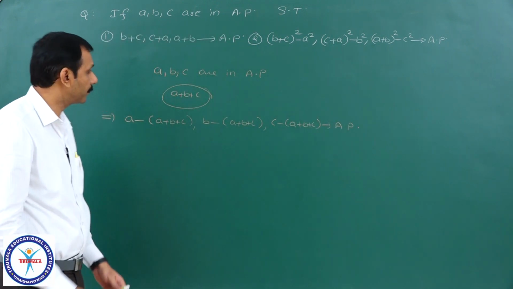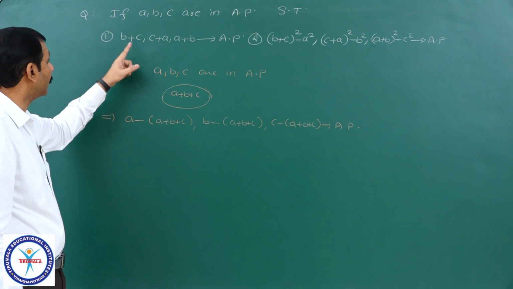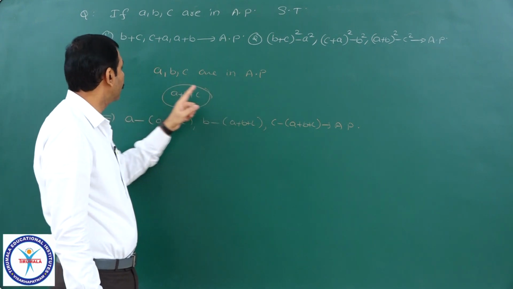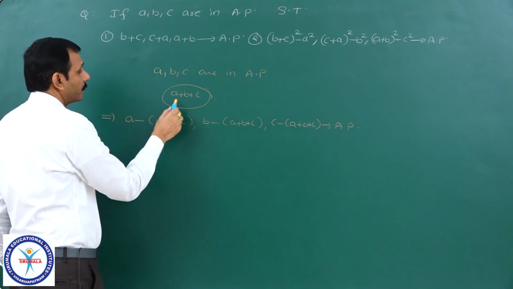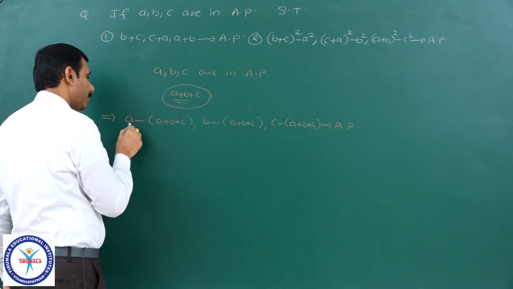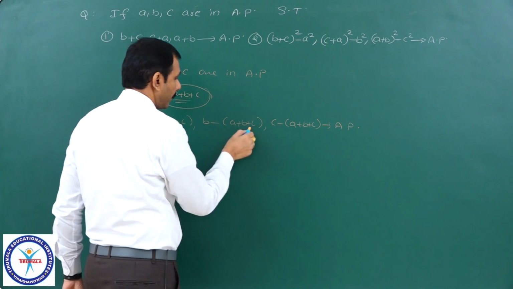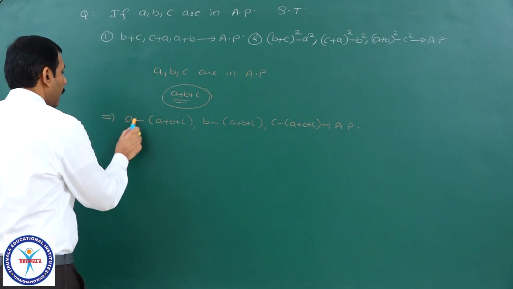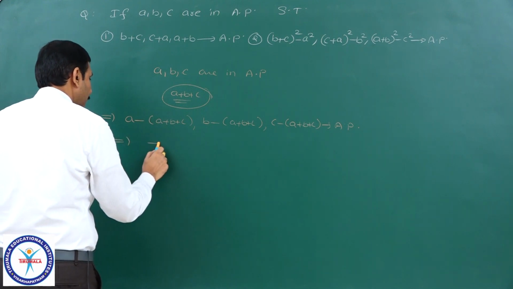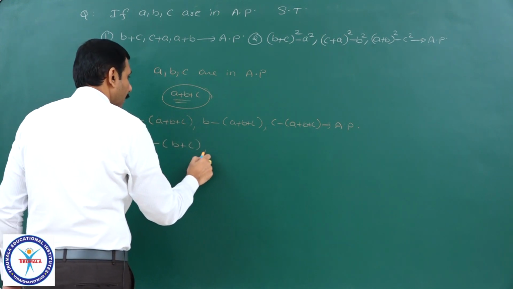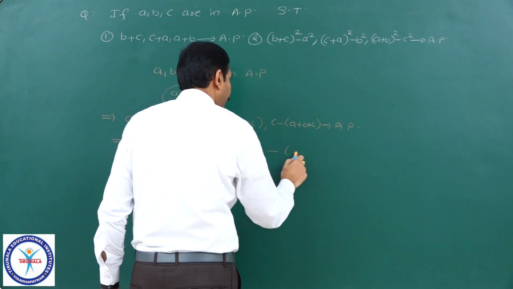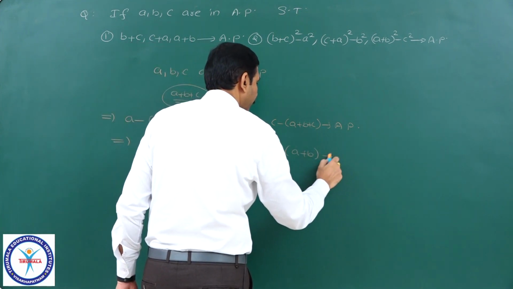Hope you can understand why I am taking this, you will get the idea now. A, B, C are in AP. Now for these three terms, it is a fixed value I am subtracting from each term. A minus, B minus, C minus. Still they are in AP only. Now here A and A will get cancelled, so what about this one? Minus of B plus C, minus of A plus C, minus of A plus B. Clearly they are in AP.